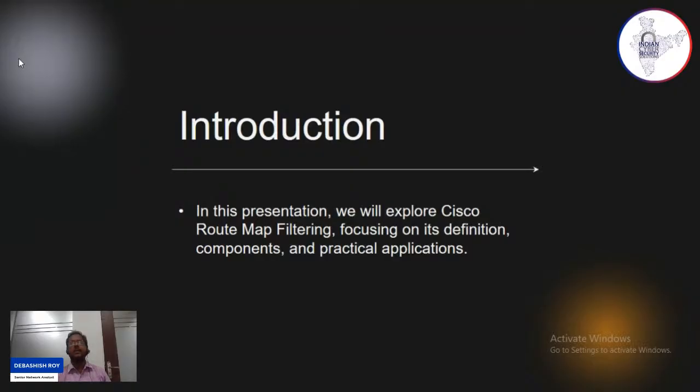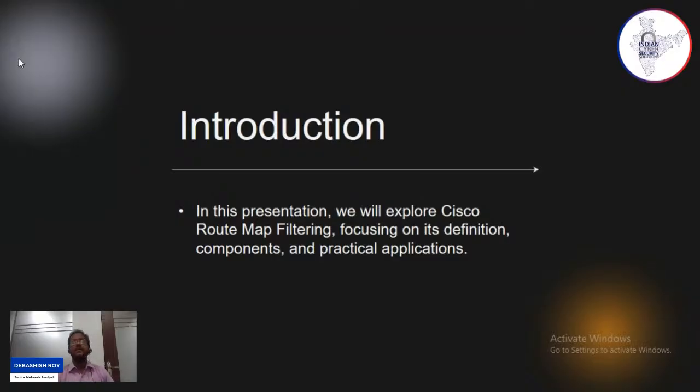You are advertising, let's say, 5 interfaces, and you want only one interface update to go to the other router and the other updates to be blocked, denied. So you can do that. You can filter the network prefixes, you can filter the updates there, but with the ACL you cannot do it. With an ACL you can only permit or block the entire network or one PC, but here you can do many things.